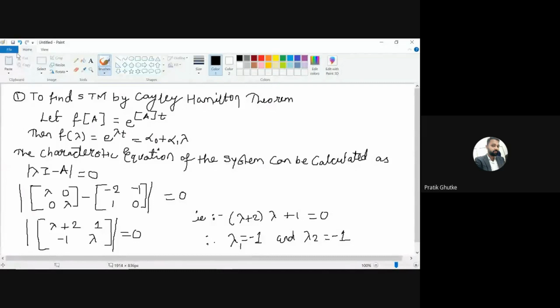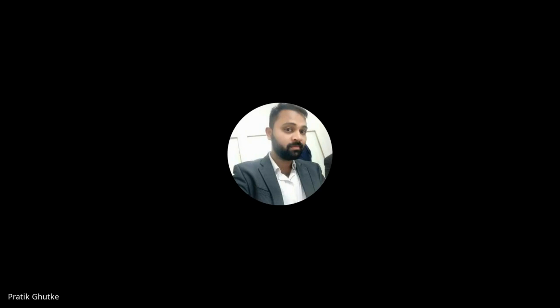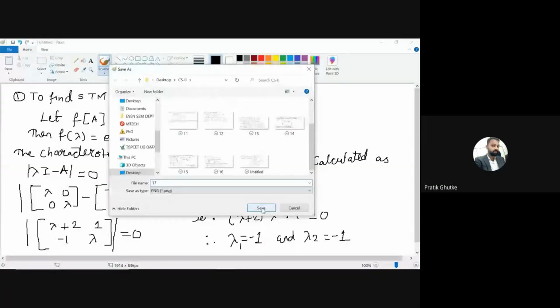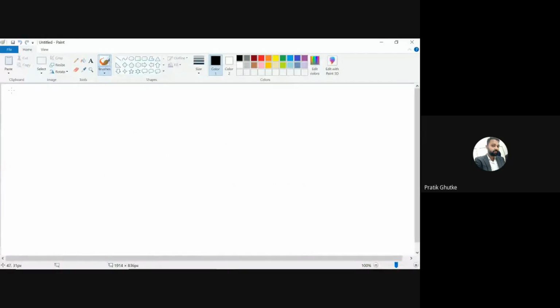Now moving forward, we have e raised to lambda t equals alpha 0 plus alpha 1 into lambda. This is my standard equation, which I am calling equation number 1.